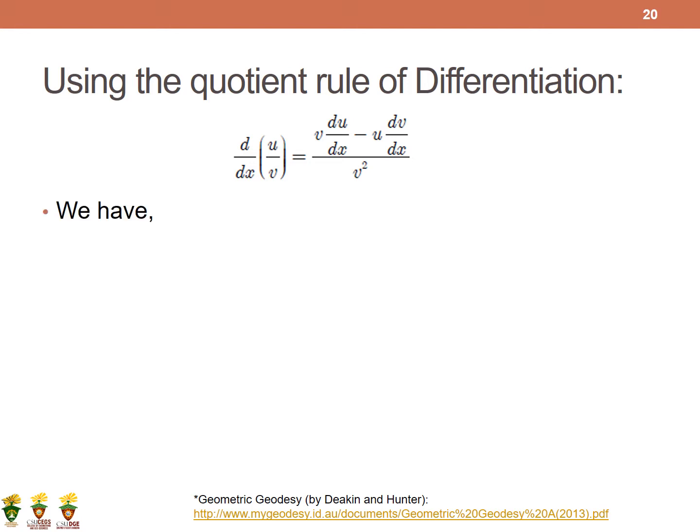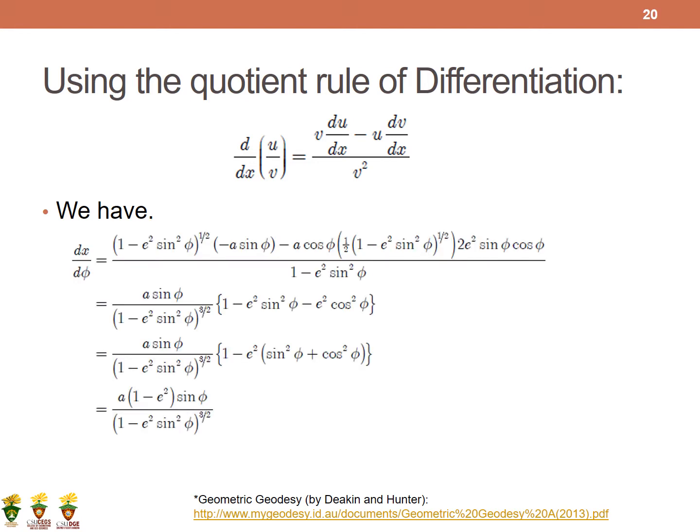If we derive the x coordinate of the geodetic latitude, we have a series of long derivations. At the end, we have this value: a times 1 minus e squared sine squared theta over 1 minus e squared sine squared theta raised to the power of 3 halves. So this is now the value of dx over d theta.